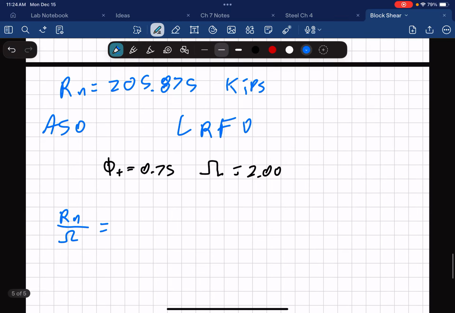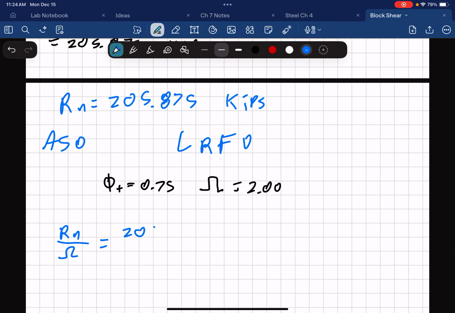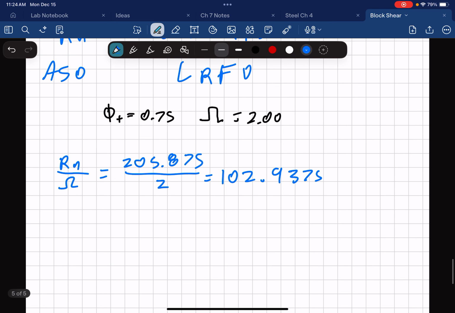We're going to get 205.875 divided by 2. And you get 102.9375 is the allowable strength for ASD.